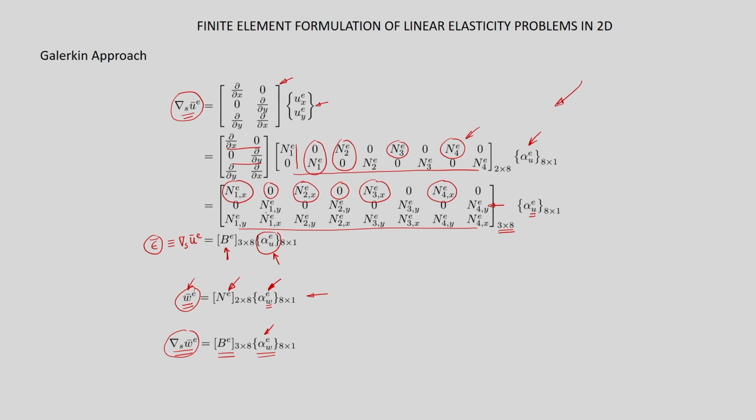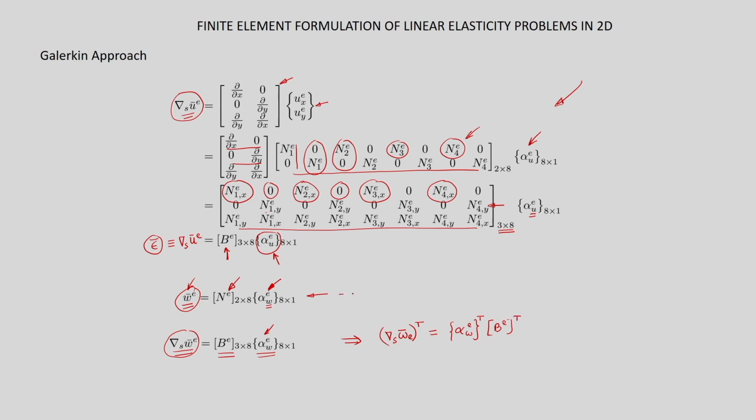So, now we will be inserting these expressions in the weak form and we will try to see what it yields. Before that, if I take the transpose of the symmetric gradient of W^E bar, what can we write? We can write this as alpha W corresponding to E transpose, B^E transpose, alright.